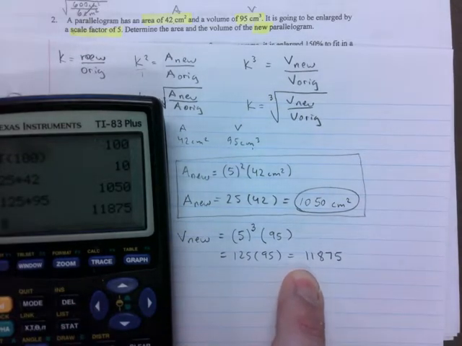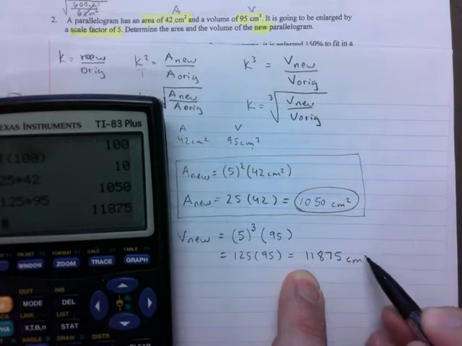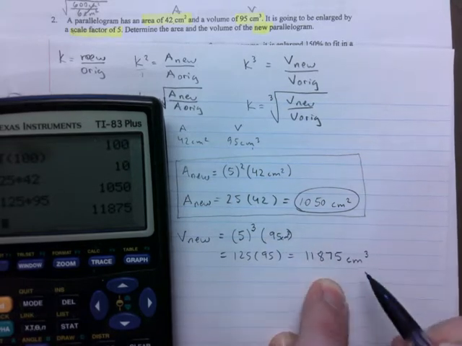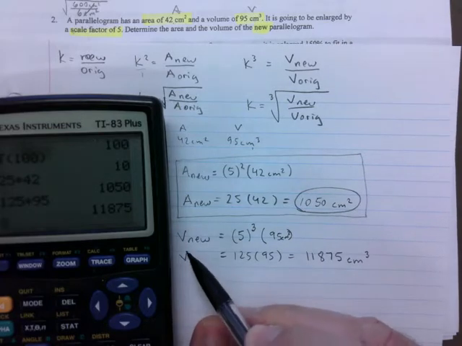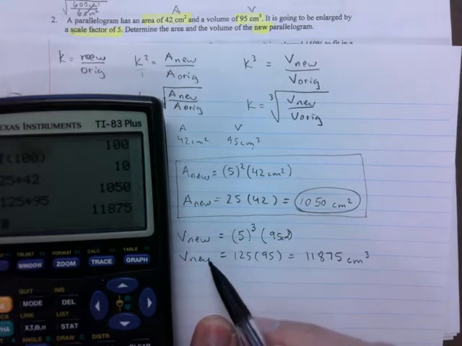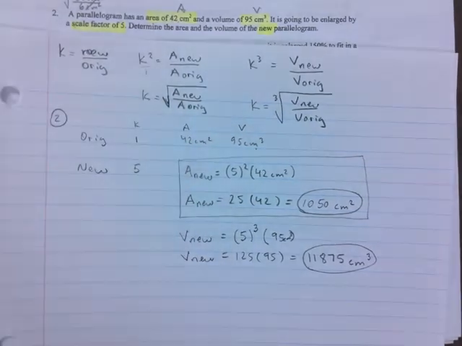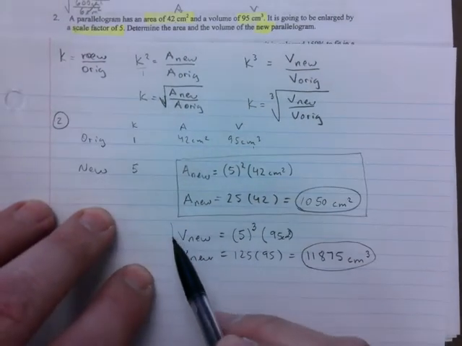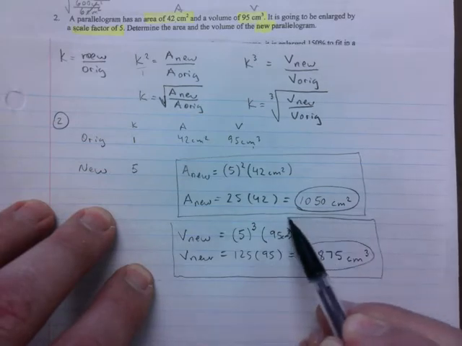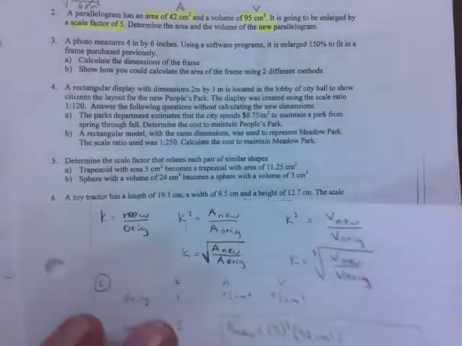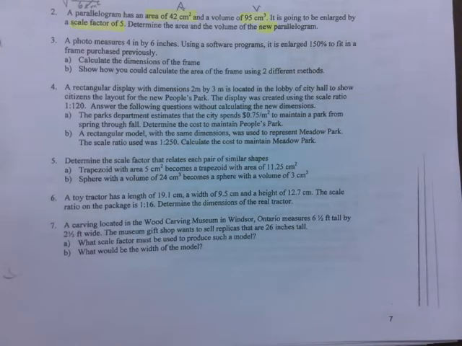This is centimeters cubed, because remember this was centimeters cubed here, so that follows. And so that is the volume of the new. We expected that because k is bigger than 1, an enlargement. Okay, that's 2. Let's go over to question number 3.